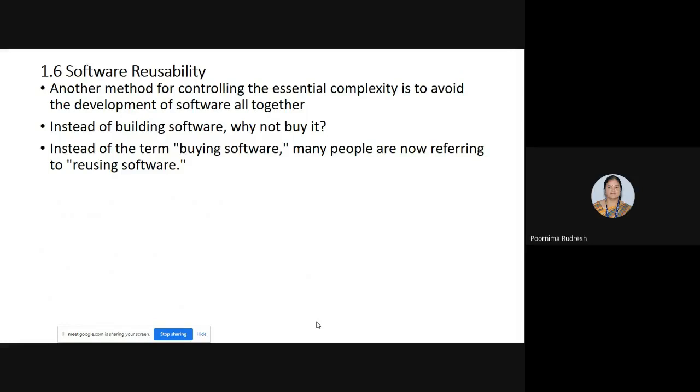Before studying software reusability, first we'll see how to control the essential complexity. Because in the last class, we discussed the accidental and essential complexity, right?